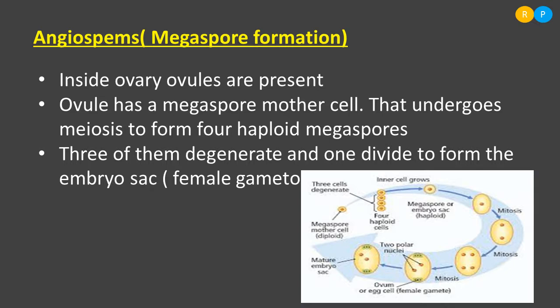So finally the mature embryo sac, or the female gametophyte, carries 7 cells and 8 nuclei. You can count the number of nuclei in the mature embryo sac. You can find 8 nuclei. Understood? Let us see how those 8 nuclei are arranged within the embryo sac.